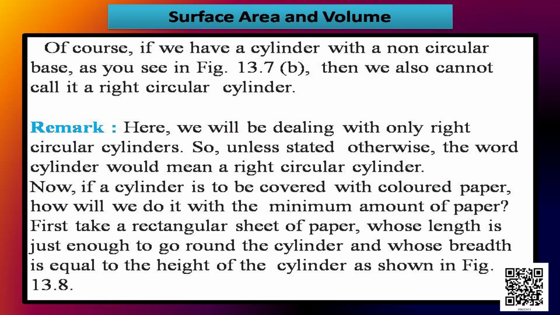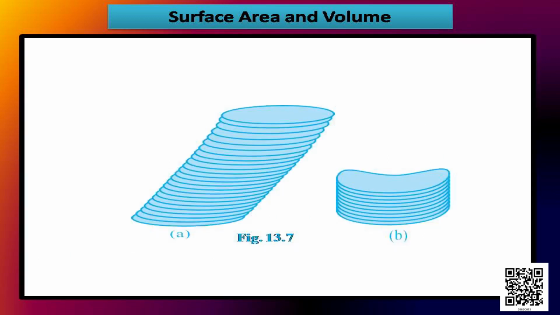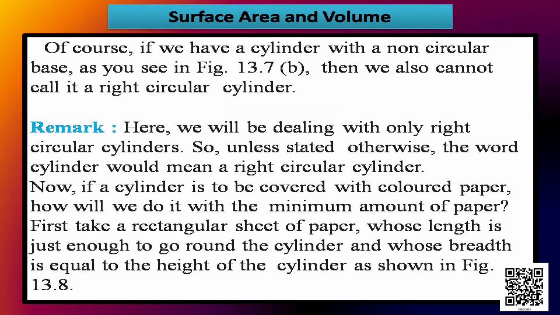Of course, if we have a cylinder with a non-circular base, as you see in figure 13.7b, then we also cannot call it a right circular cylinder. So here we will be dealing with only right circular cylinders. So unless stated otherwise, the word cylinder would mean a right circular cylinder. That means a base that is circular and it is at a right angle to the base.